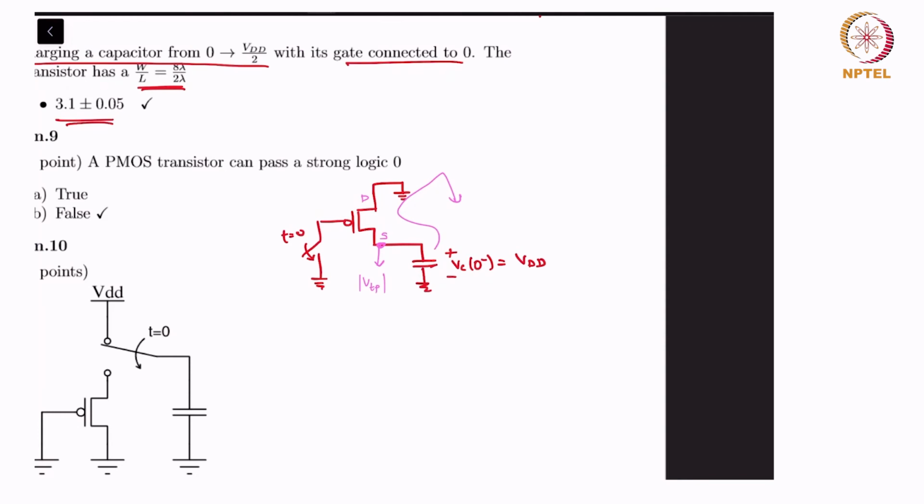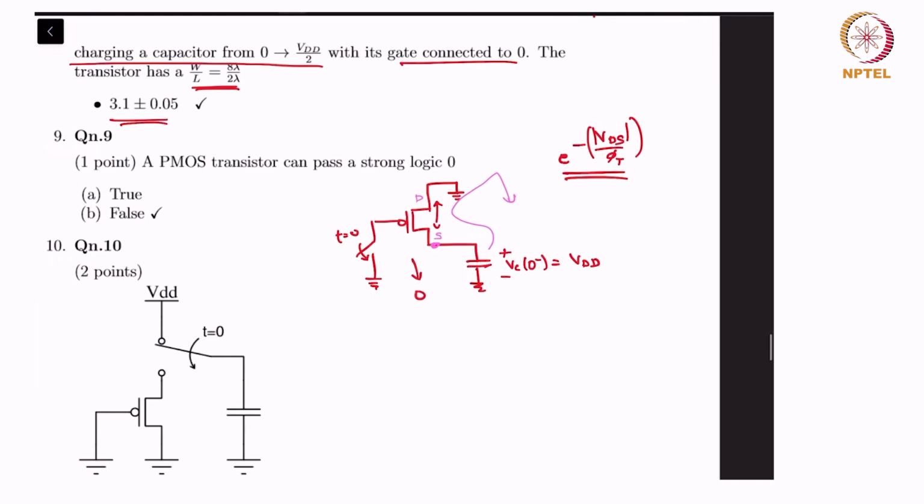But even if you were to assume subthreshold leakage, yes, it would fall to 0, because it will fall until you get VDS equal to 0, but that will take an insanely long amount of time, because the current goes as e power minus mod VDS by phi t in the case of PMOS, and as VDS reduces, the current reduces exponentially, so it becomes extremely slow beyond a point, and you can't expect it to pass the value in any reasonable amount of time.